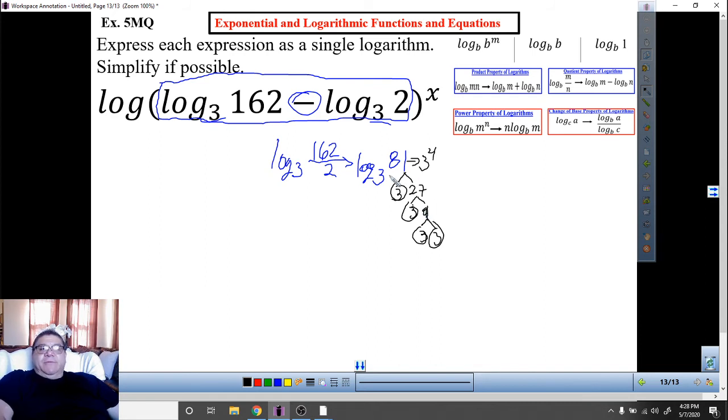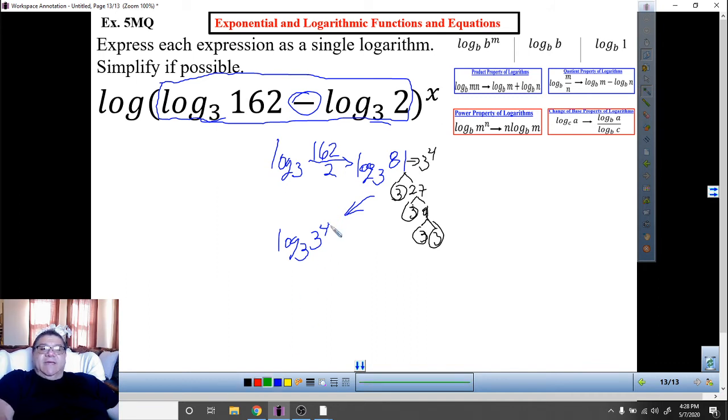Alright, so I'm going to rewrite this. I write log 3, and 81 became what? 3 to the 4th power. Alright, do you recognize anything up to right there? Yes, the definition. If the base is the same as the given number, which is this one, what is the answer?